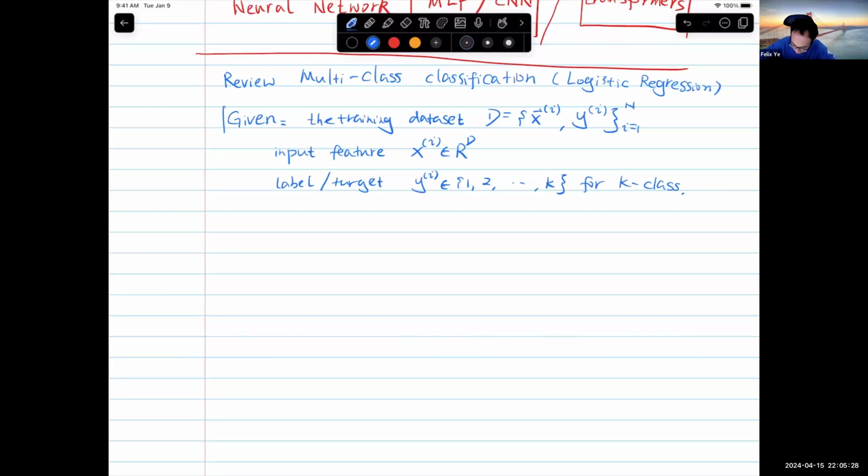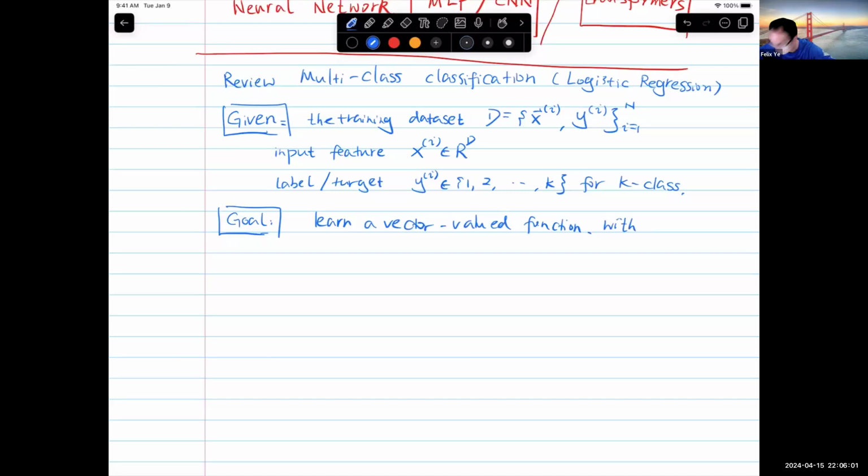So this is given. The goal is I want to learn a vector-valued function with some tunable model parameter, theta.